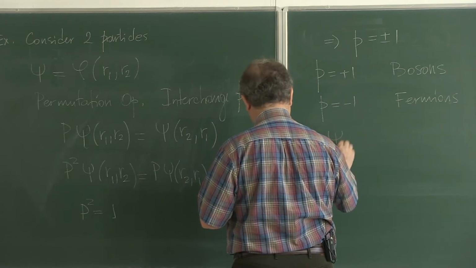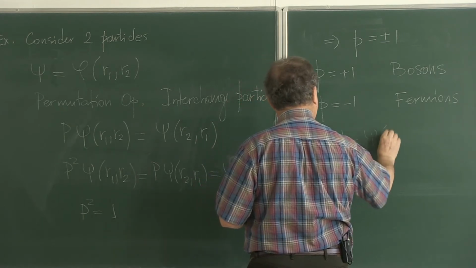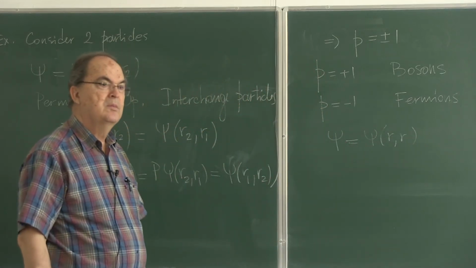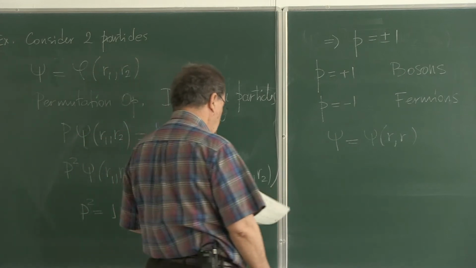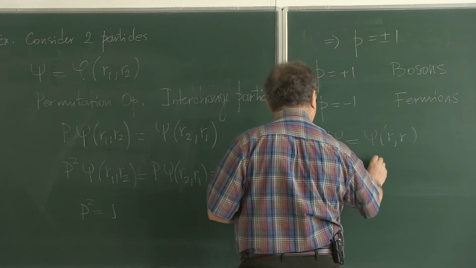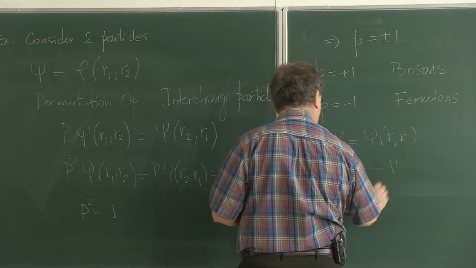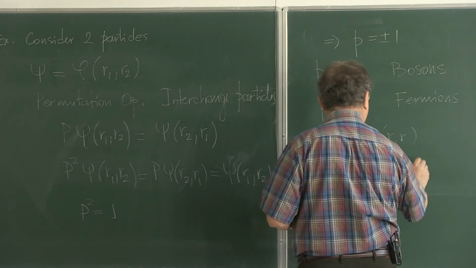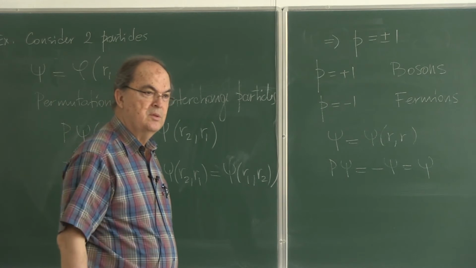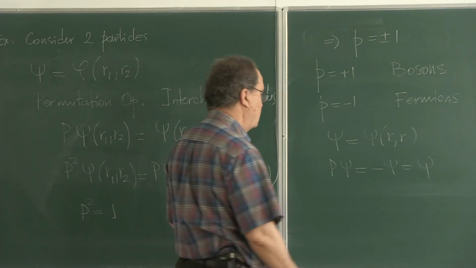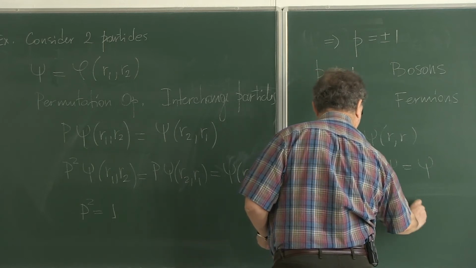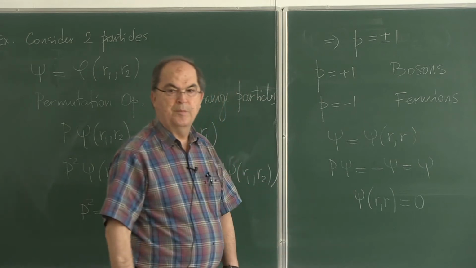If you put two particles into the same state, and apply the permutation operator, you get back the wave function, which is itself. This is only possible if the function is 0. So this state has 0 probability.